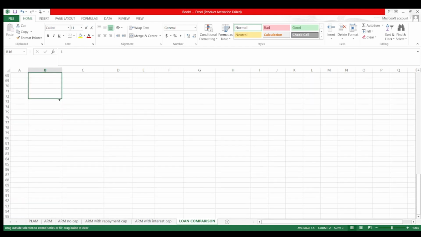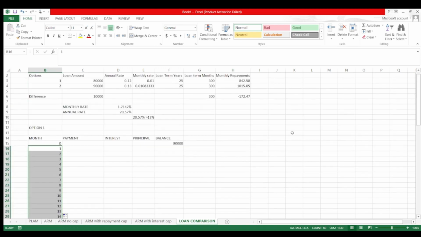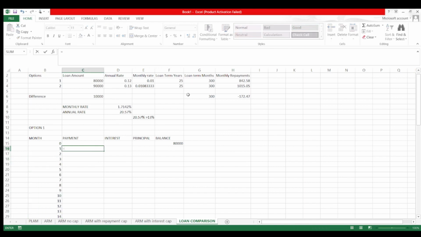So we simply drag it down up to 60. And then the payment amount is 842. So let's just lock that in.